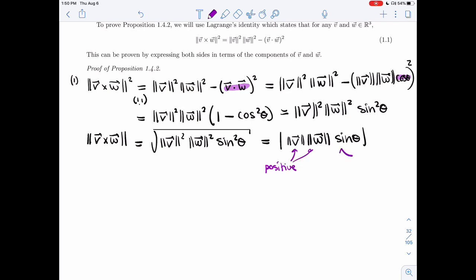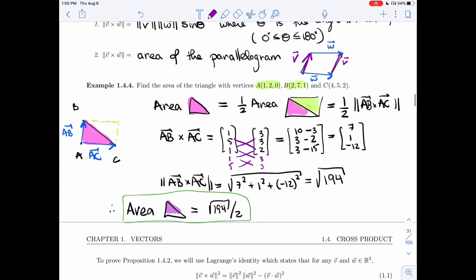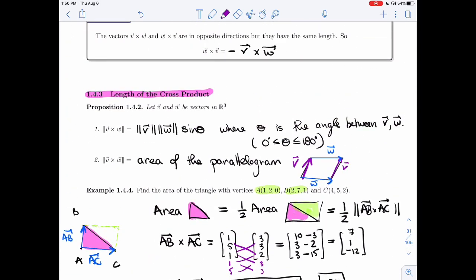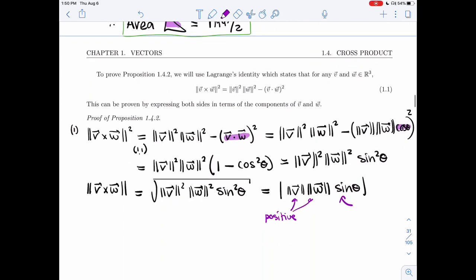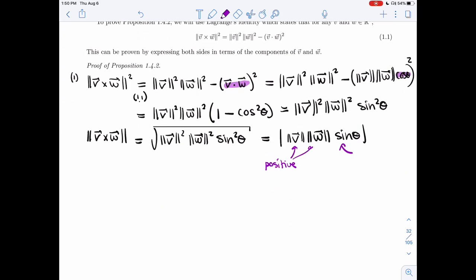And the sine theta is positive because if you remember from the proposition, I did say you have to take the angle between 0 and 180. And so because theta is between 0 degrees and 180, that means we're on the top half of the circle, and so sine theta is positive.